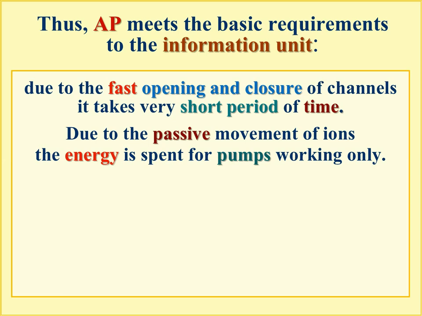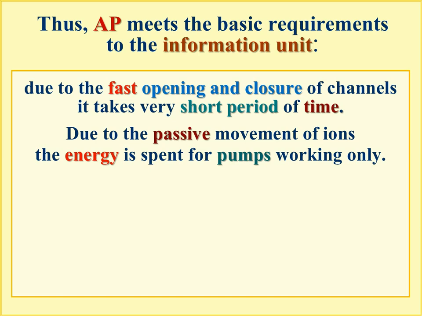And the energy spent for pumps working is actually a great amount of energy. General estimation gives values of about 40% of all the energy we spend in the body, and this 40% is spent for pumps work, because pumps should move ions against their concentration differences with usage of energy by ATP splitting.